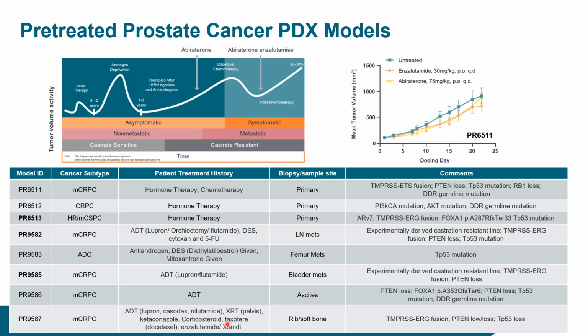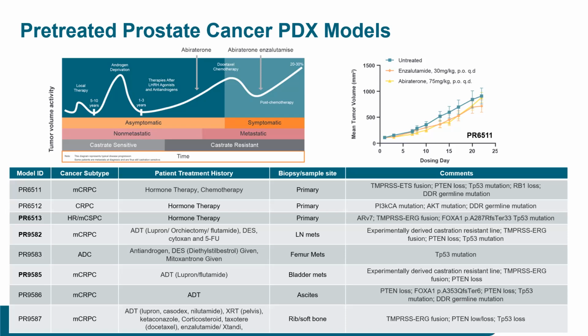So agents like abiraterone and enzalutamide, which is a second-generation antagonist of androgen receptor, have been useful in the treatment of castrate-resistant prostate cancer. But again, the tumors can relapse and also metastasize to various organs, particularly to lymph nodes and to the bone.